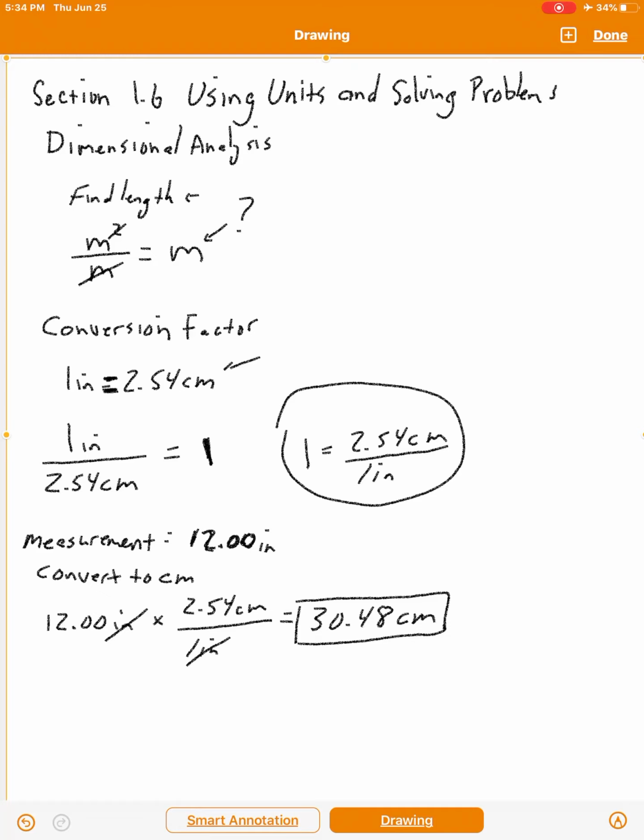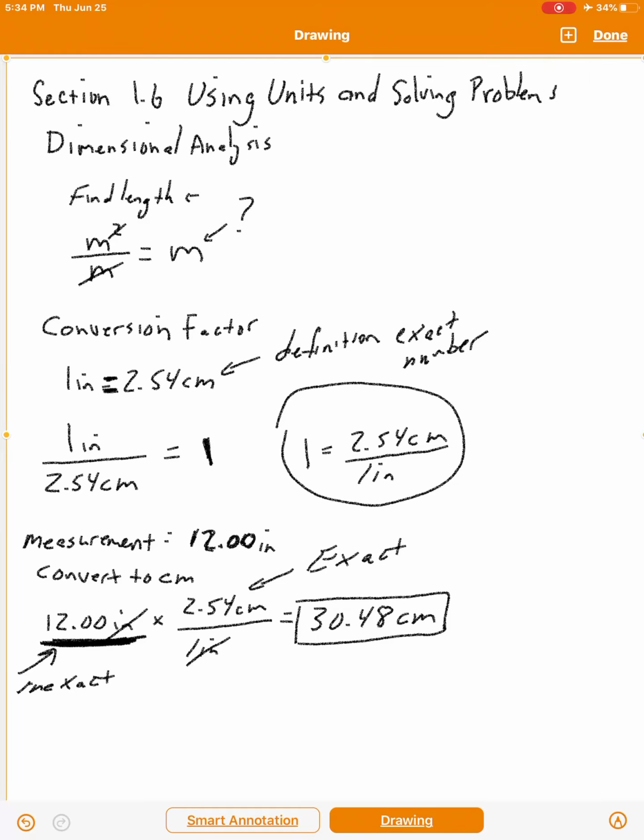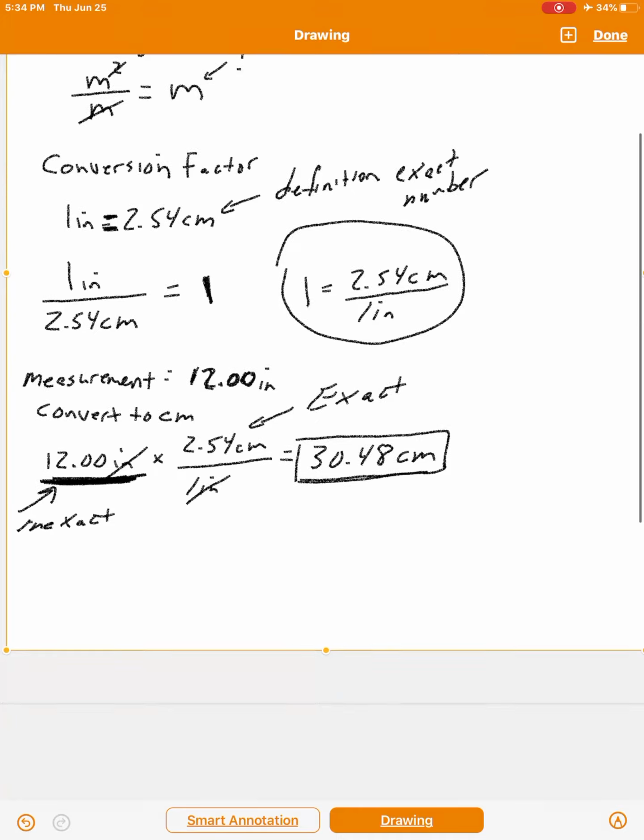This is a definition, so it's an exact number. So when you have a calculation that involves an exact number and an inexact number, the number of sig figs in the answer is going to be determined by the inexact value. So this one has 4, so this one also has 4. Okay?